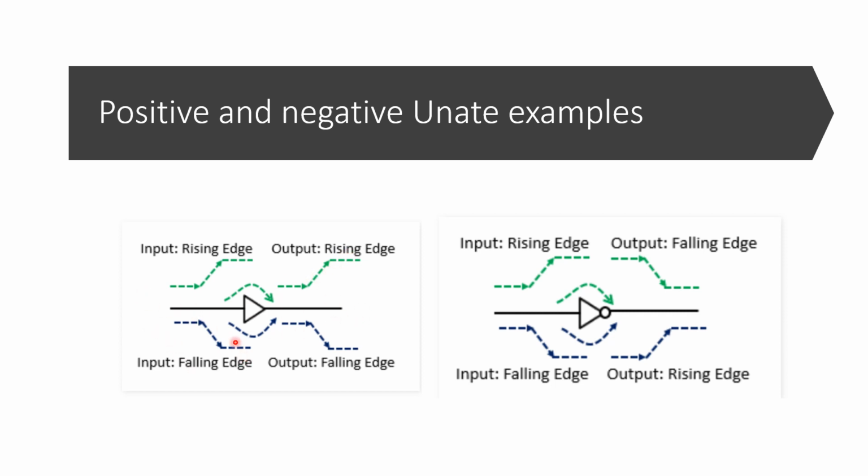A falling edge causes a falling edge on the output, so it's positive unate. Similarly, for an inverter, a rising edge causes a falling edge on the output, and a falling edge on the input causes a rising edge on the output. So it's negative unate. Let us see other examples in the coming slides.